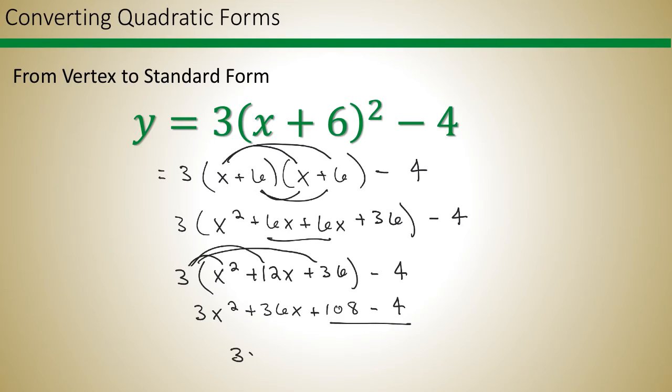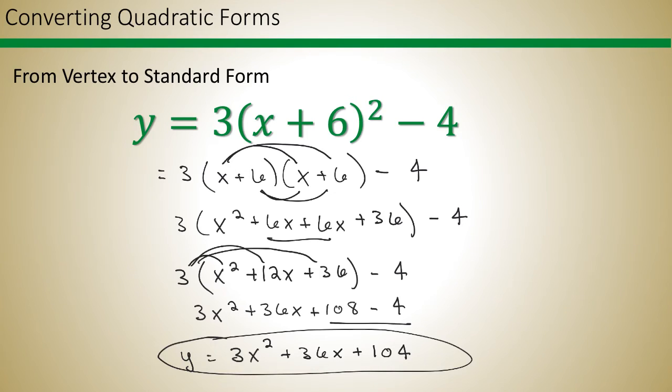So 3x squared plus 36x plus 104. So that is equal to y, and that is our equation in standard form.